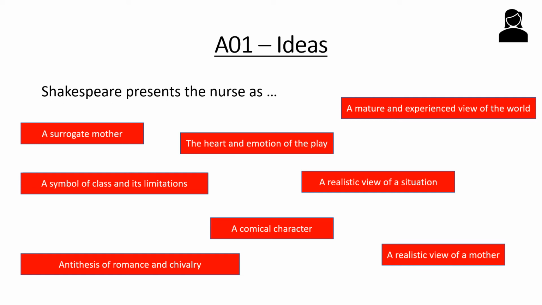And if we look at her in comparison to Juliet's mother, we see two different types of mother. We see a very cold, distant mother in Lady Capulet, but then we see a warm, cuddly mum in terms of the nurse. And actually, we see possibly a mother that we would all want in this nurse character itself.